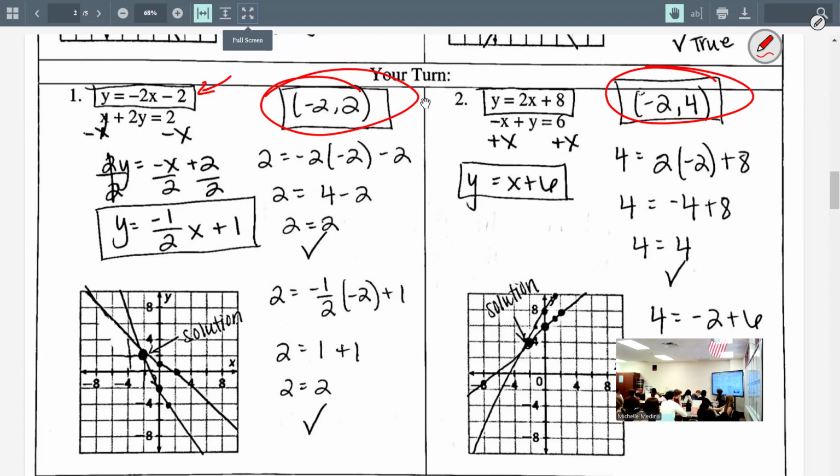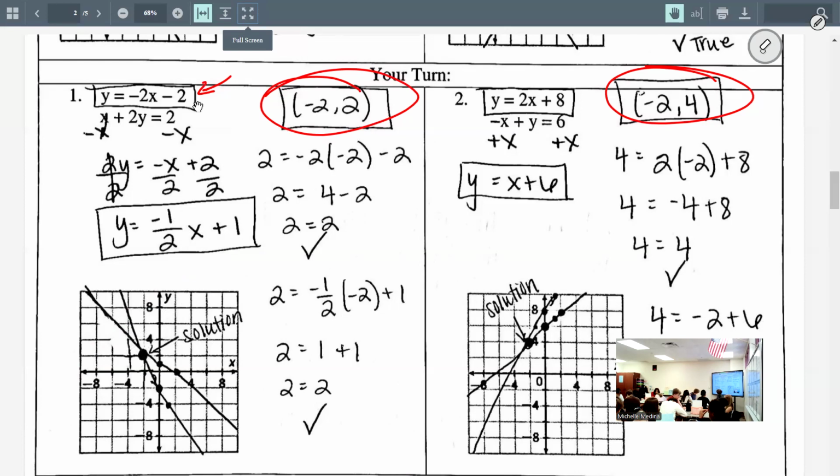So for this one, I go down 2, to the right 1, down 2, to the right 1. I see if it lines up. Often I'll see kids just have the right y-intercept and just draw a line, and it won't even line up to the solution. Okay, you can't use Desmos to replace this skill. But you can use Desmos to check your graph and your solution.